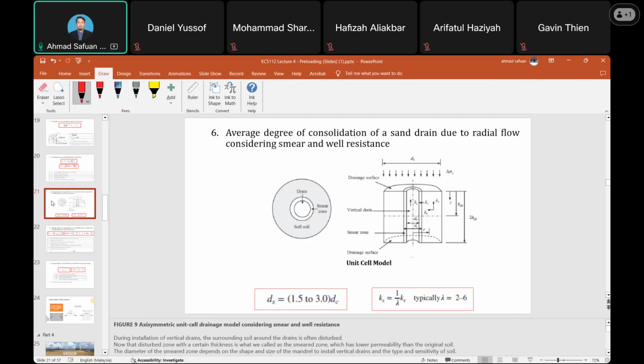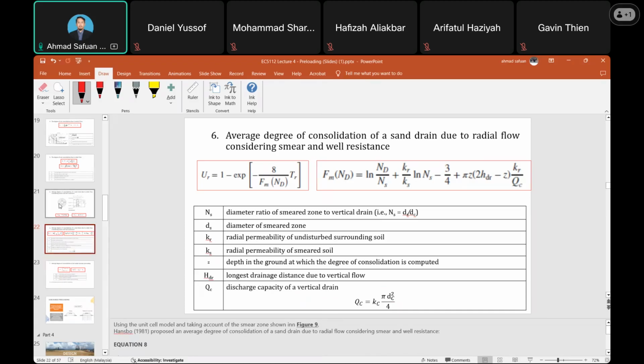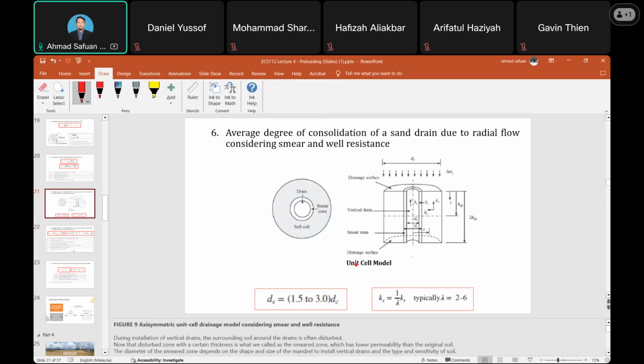The average degree of consolidation of a sand drain due to radial flow, considering smear and well resistance. To include the issue of smear and well resistance, we need to use the information from this diagram, for example KS and lambda.